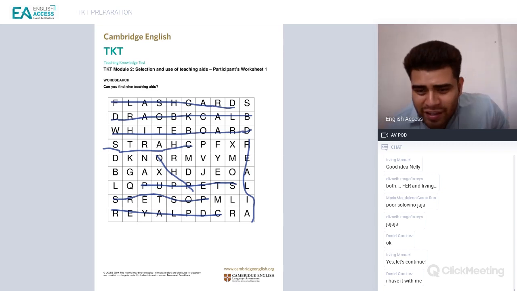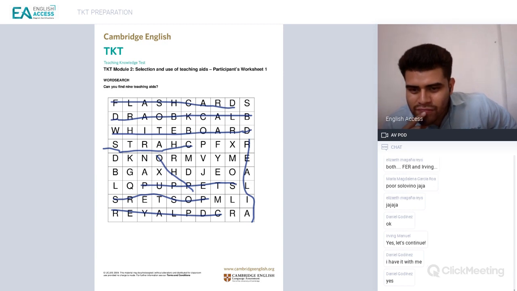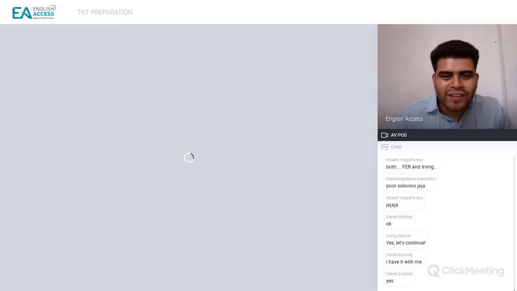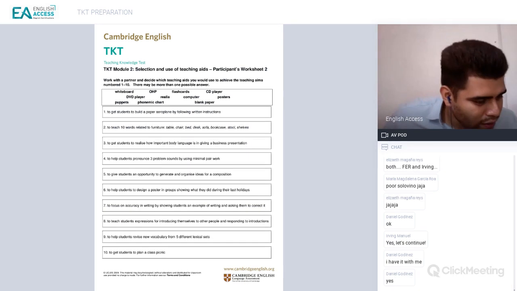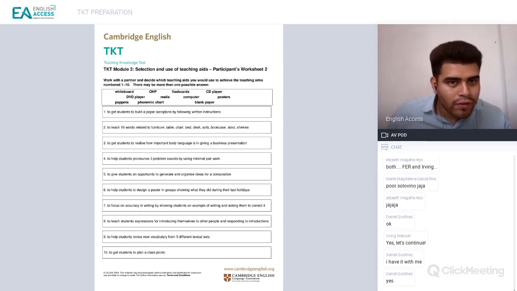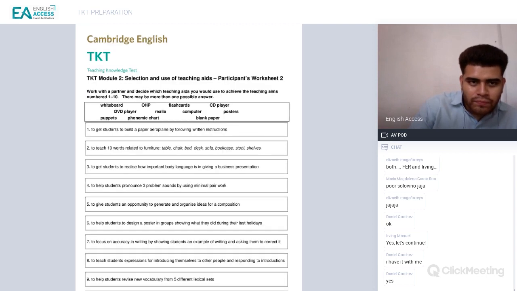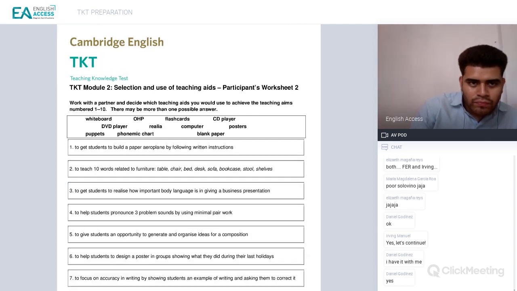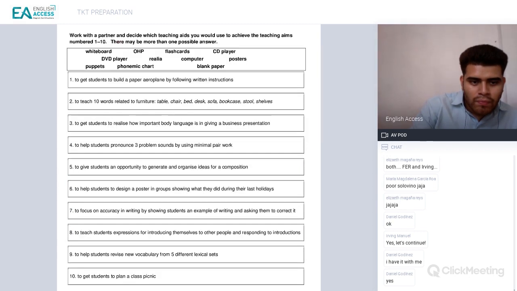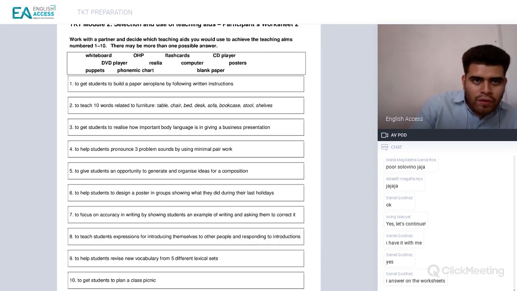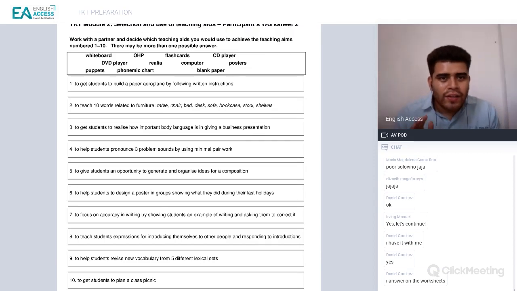This is selecting and use of teaching aids.